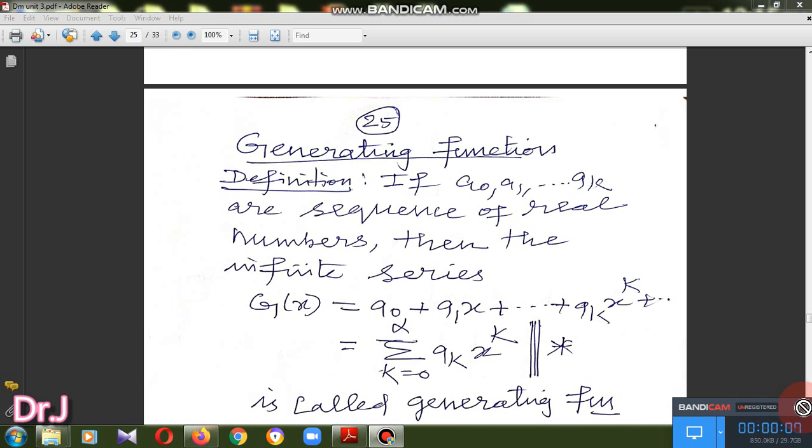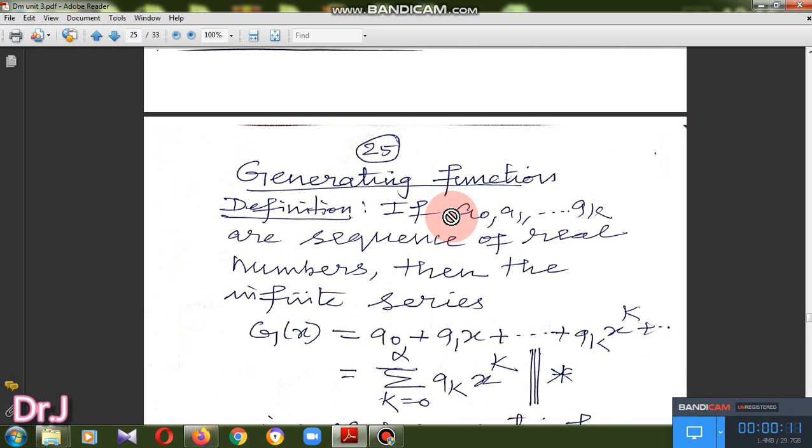In this class, I'm going to talk about the generating function. Right now look at that.